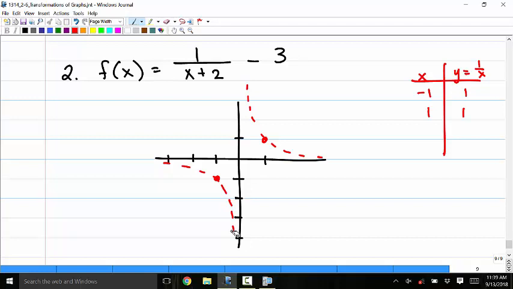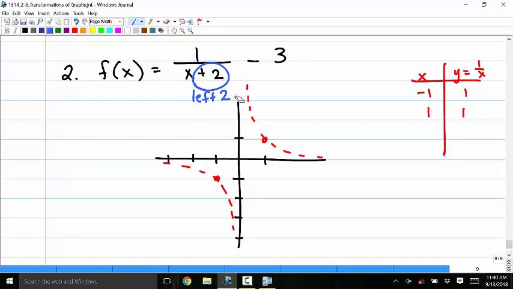You need to do 2 things. There's a horizontal shift with the x. How much in what direction? Left 2. Because it was x plus 2, I'm going to go left 2.